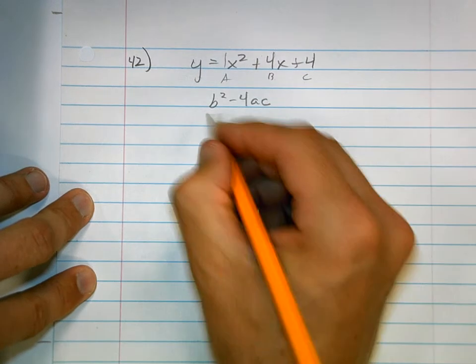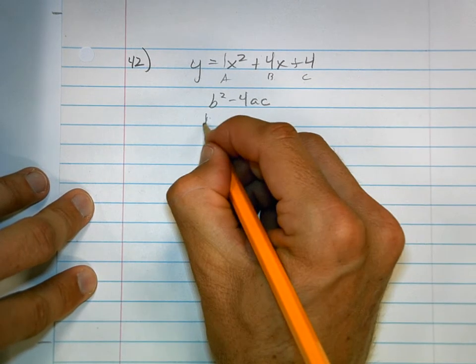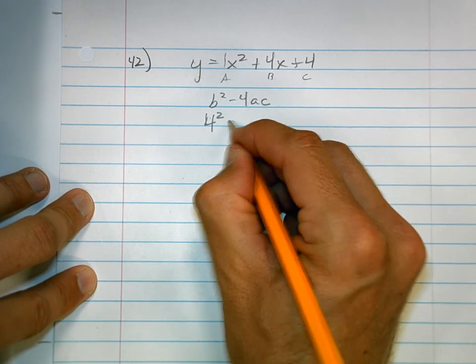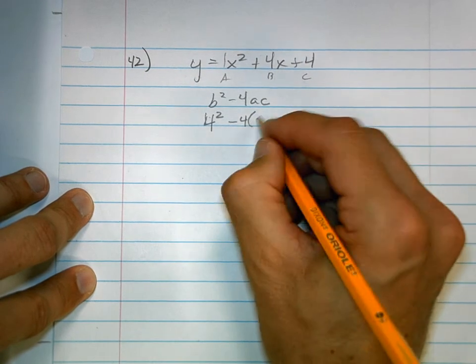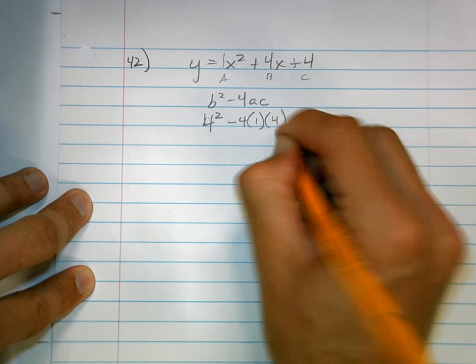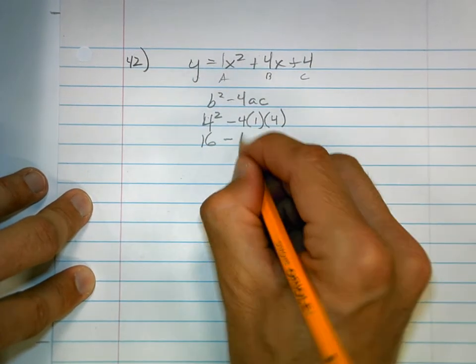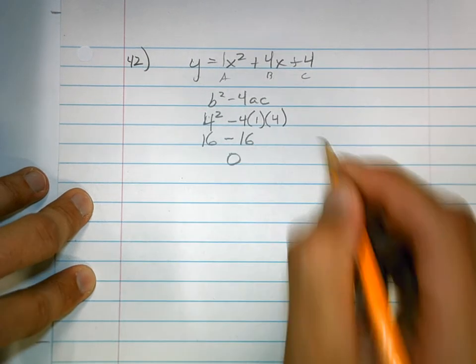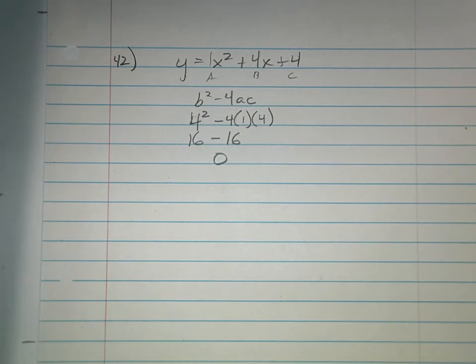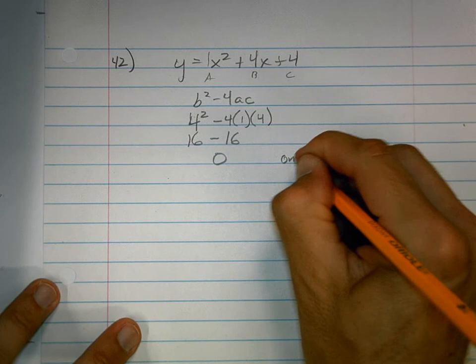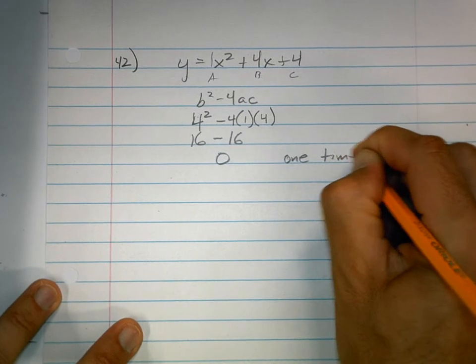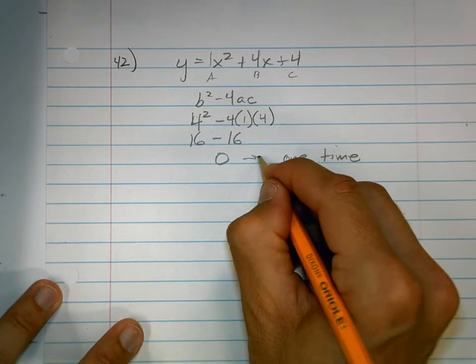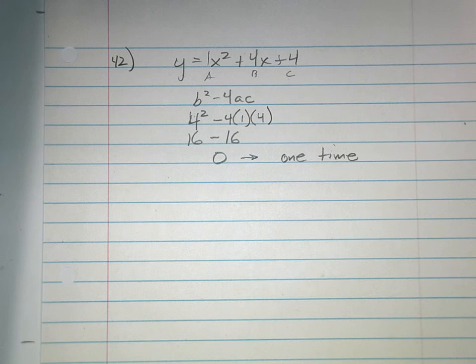So that would be 4 squared, which is 16, minus 4 times 1 times 4. So 16 minus 16 equals 0. So remember, when it equals 0, it crosses it one time. There's one real solution. So that would be A, once.